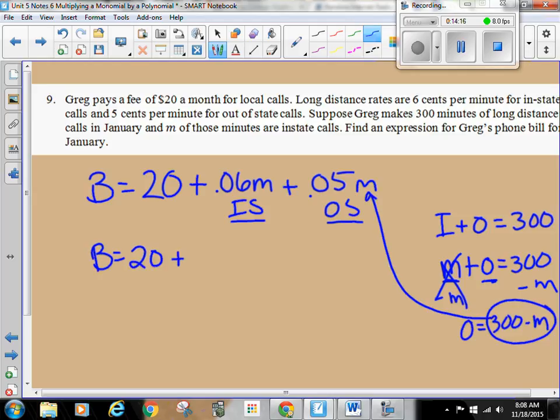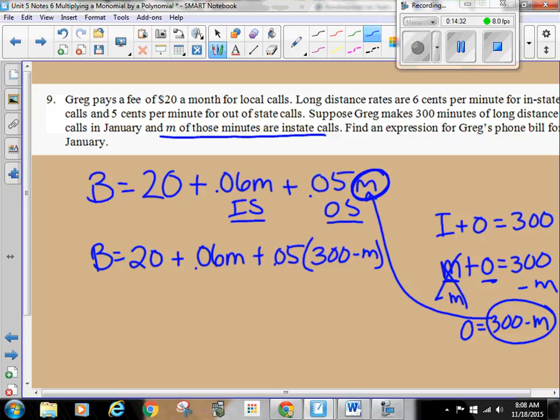So my bill is $20 plus 6 cents per minute of in-state. Remember, M is for in-state calls. Plus 0.05 times 300 minus M. Okay, so I'm replacing this out-of-state minutes with this information here because that's how many out-of-state calls I have.